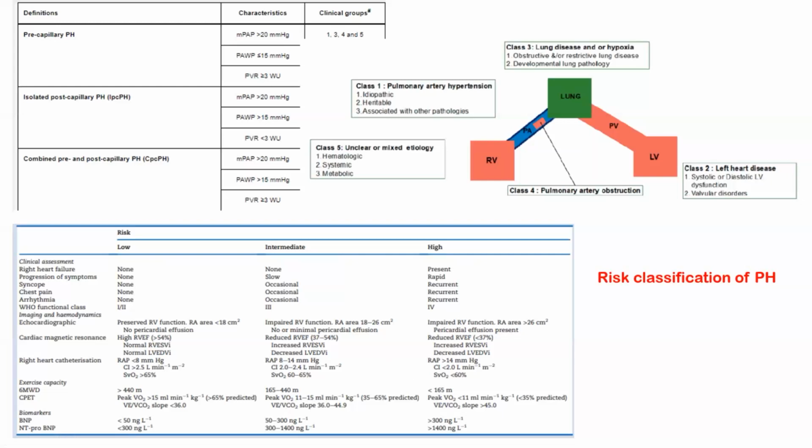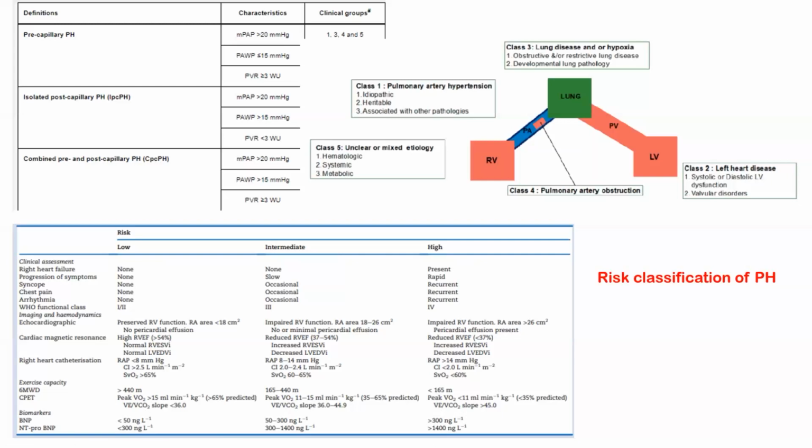And if you do the biomarker tests, BNP and NT-proBNP, this will be well below very high levels in low risk patients, and it is extremely high in high risk patients. So, by doing this, you can assess the degree of right ventricular failure in these patients and make the risk classification.